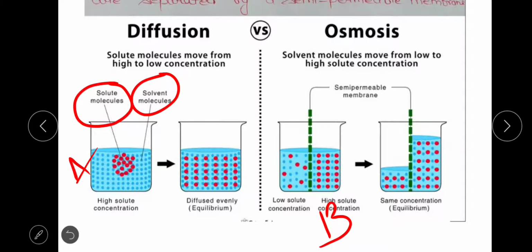So it will lead to the diffusion of the solute particles from their higher concentration towards their lower concentration, where the lower concentration is where the solvent particles are. So it will lead to the movement of the solute molecules from a higher towards a lower concentration.